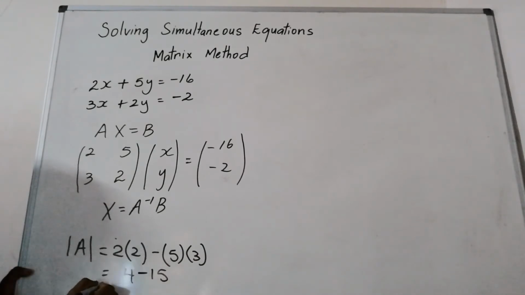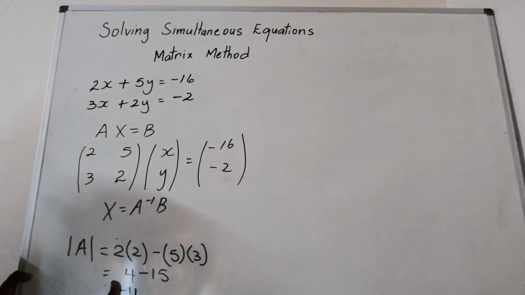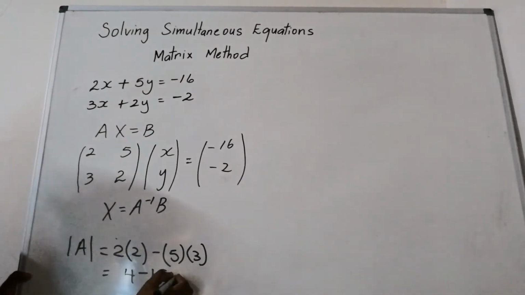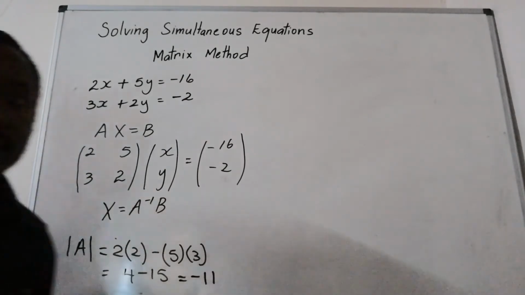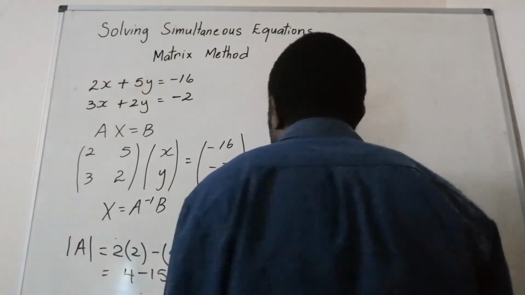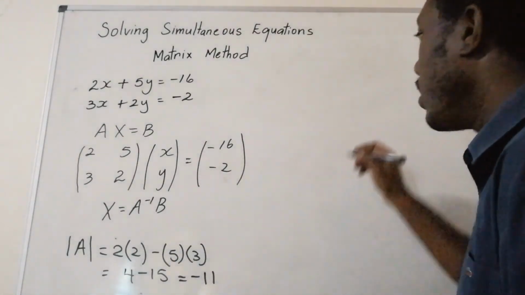So our determinant is negative 11. So if you have negative 11 as your determinant, well done. Right? Negative 11. Next, we need to find our adjoint.